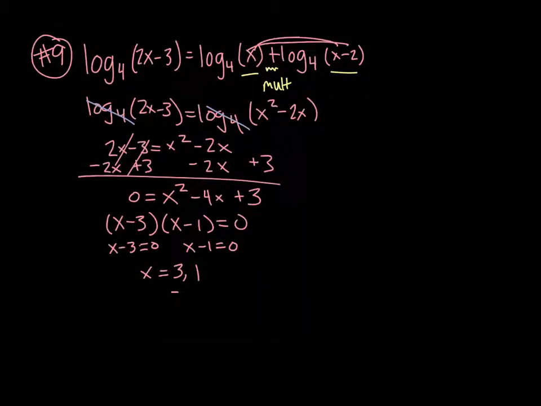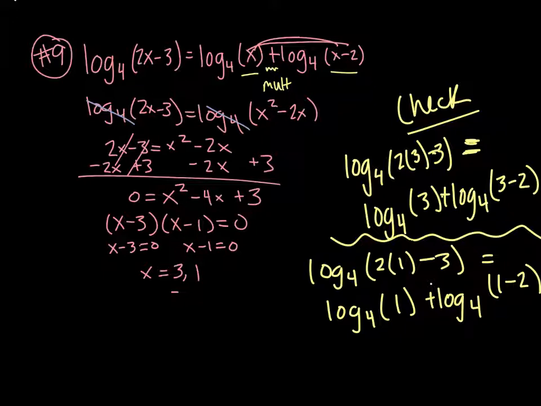So I'm going to check. You do want to check and make sure that they make the equation true, but you also have to check and make sure, like I said, that what's inside the parentheses does not become negative when you plug that value in. So when we checked 3, everything turned out fine, but when we checked 1, if you notice here, 2 times 1 minus 3 becomes negative 1, and 1 minus 2 is negative 1.